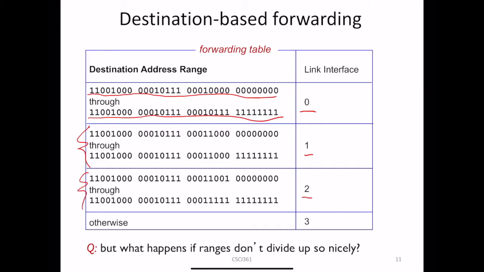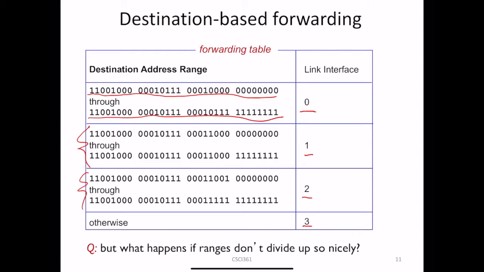However, due to historical reasons, some IP addresses, even though they belong to one of these three ranges, will take an exception output link, which is output link 3.